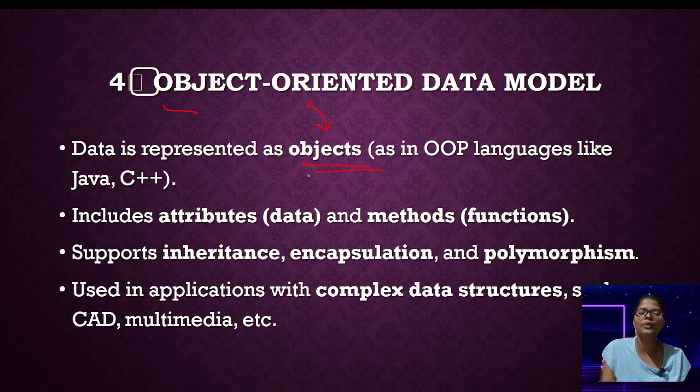It supports OOPS concepts like inheritance, encapsulation, and polymorphism. For example, a student's name and roll number, the student details, are considered attributes, and the student's behavior and performance are represented in methods. It is used in CAD or multimedia. When it comes to complex data structures, we go with the object oriented data model.